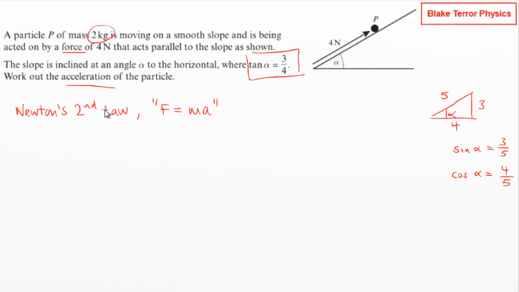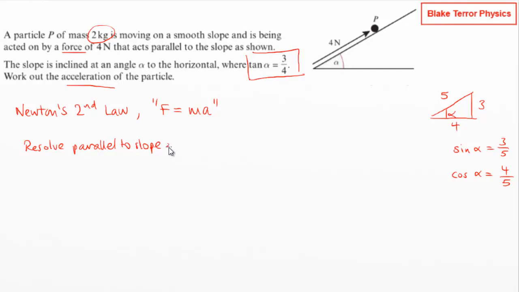So we know that the acceleration is going to be parallel to the slope. It's not going to suddenly jump up in the air or anything like that, because that's not how life works. So we just need to resolve parallel to the slope.